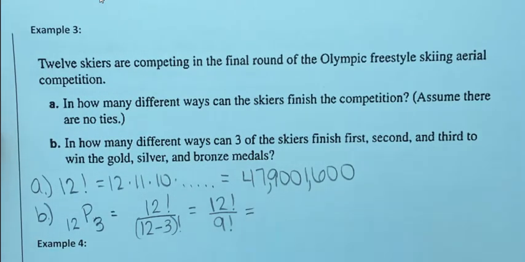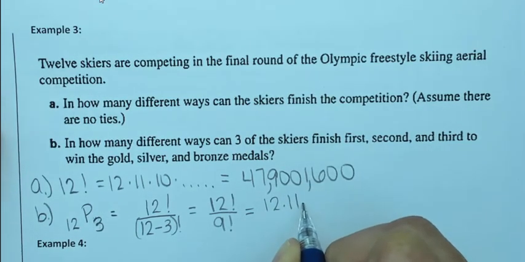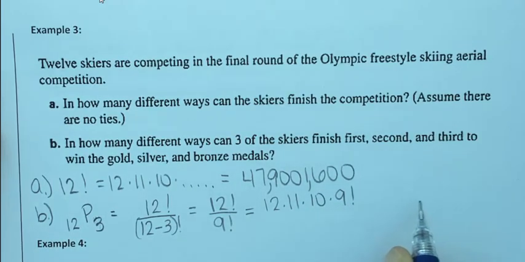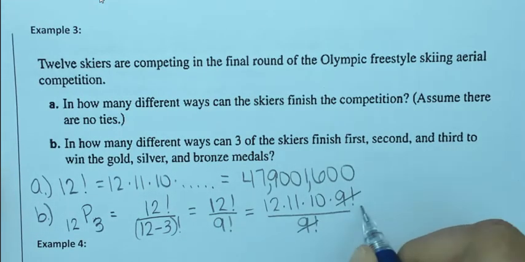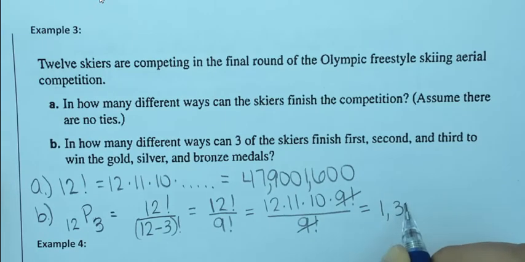I can say this is 12 times 11 times 10 times 9 factorial, which takes care of everything else, over 9 factorial. The common factor in numerator and denominator, the 9 factorials, reduce. I'm left with 12 times 11 times 10. So 120 times 11 gives me 1,320. So that's one way of doing it.